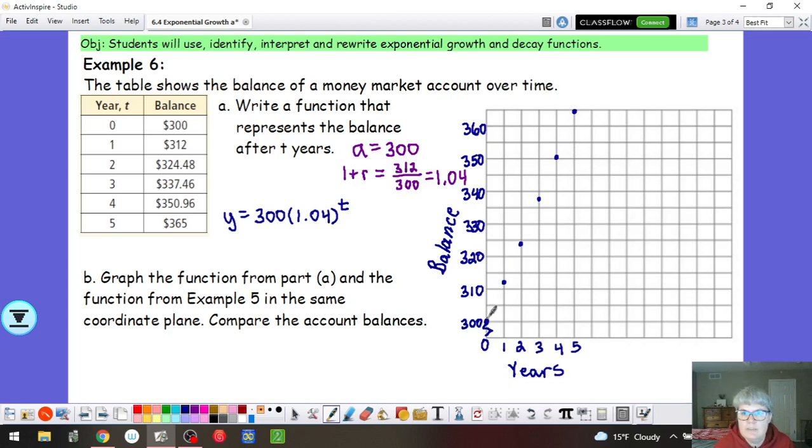And if you look, this shouldn't all be increasing exactly the same. It should be a sort of curve, but it's probably a little hard to see that it's a curve.